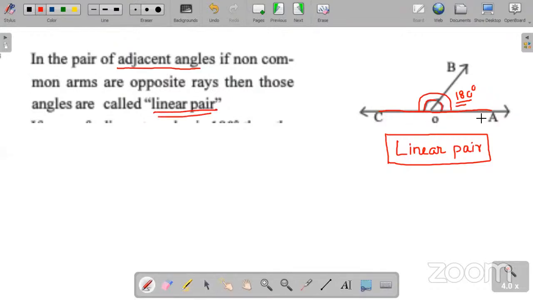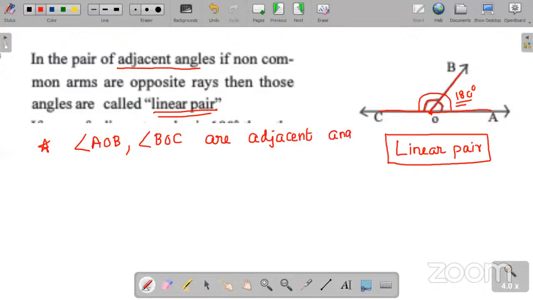For example, you can write angle AOB, angle BOC. They have the same vertex and a common arm, so they are adjacent angles. Clear?